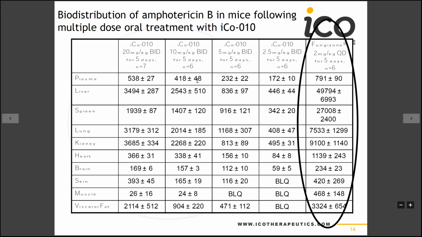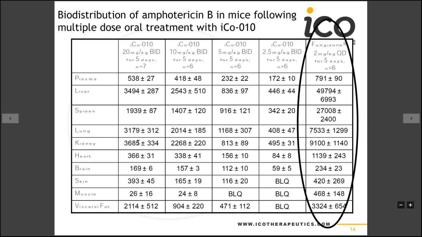So what I'm showing you here is that when we administer our formulation at 20 mg per kg twice daily for 5 days, 10 mgs or 5 mgs or 2.5 mgs, we're measuring the amount of drug in nanograms per gram tissue concentrations over that period of time. And what you see is a buildup in the amount of drug in those tissues as a function of dose.